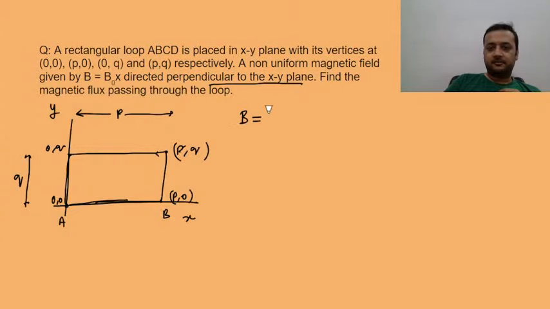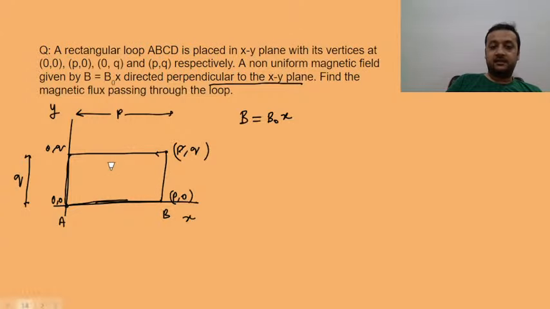The magnetic field variation is B naught into x. What does this imply? Here the magnetic field will be zero along the y-axis, since x is zero. On this vertical strip the magnetic field will increase slightly, and here it will again increase slightly more because the x coordinate has increased.